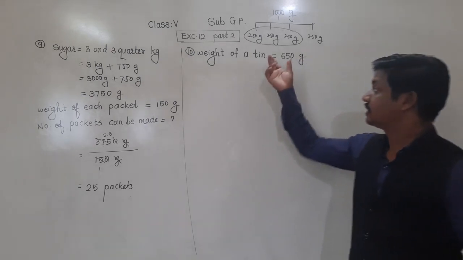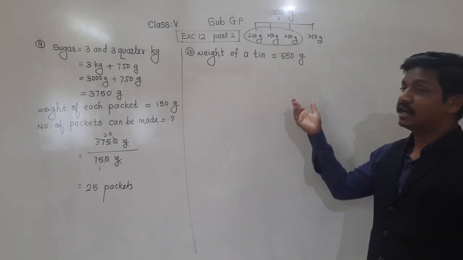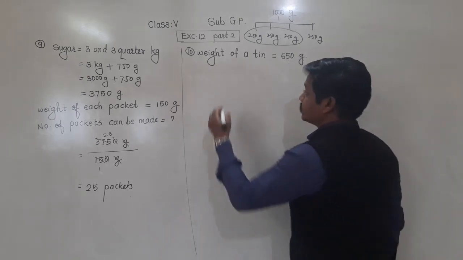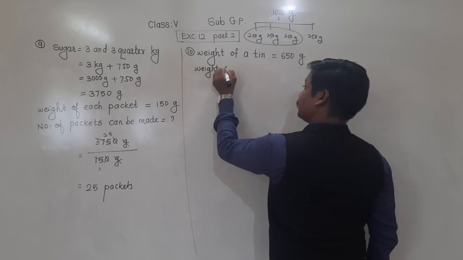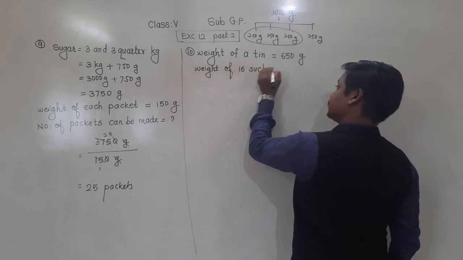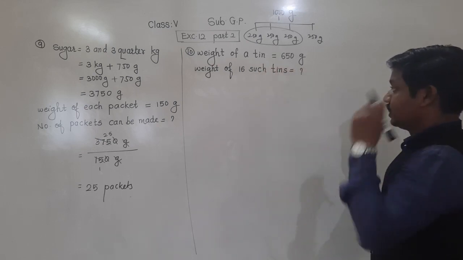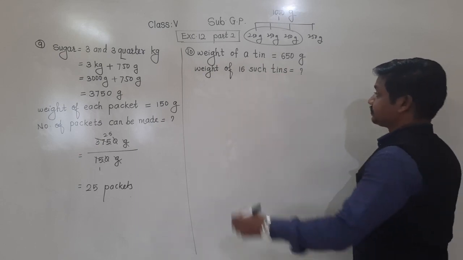When we find the weight of 16 such tins, we will get it in gram, and after that we have to convert that into kg as they have asked. Weight of 16 such tins is what? Given for 1, asking for 16, meaning which operation?